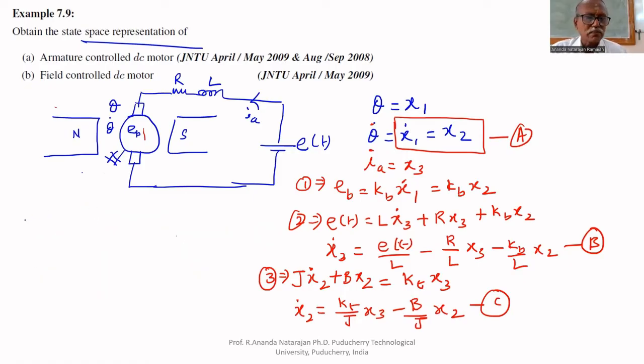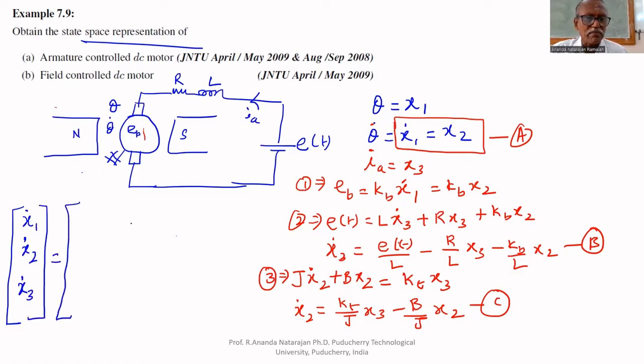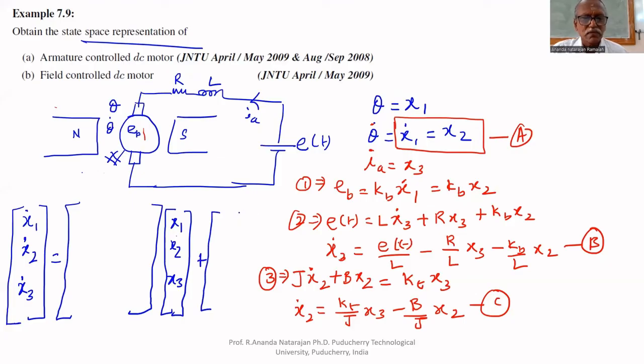So x1 dot, x2 dot and x3 dot equal to a 3 by 3 matrix, because there are 3 state variables x1, x2 and x3, plus the B matrix multiplied by E of t. E of t is the input.